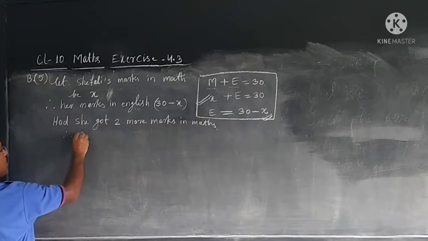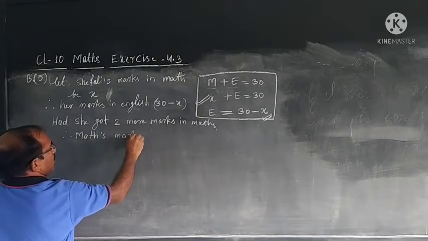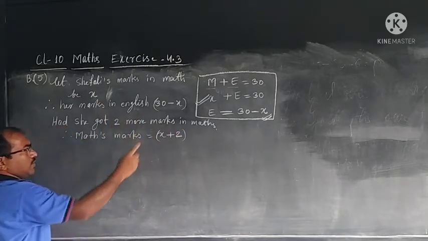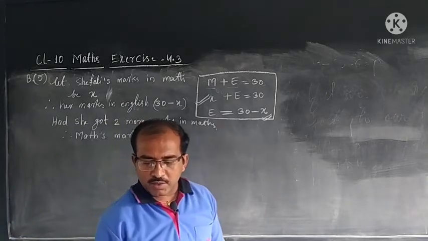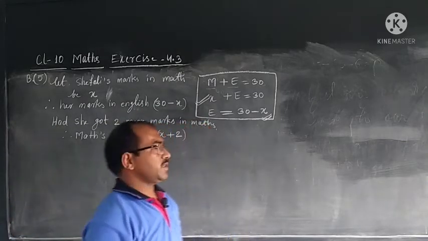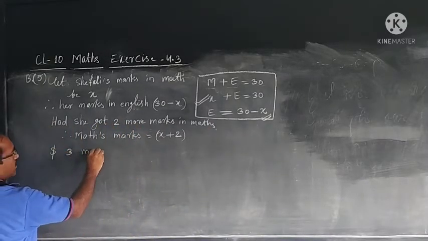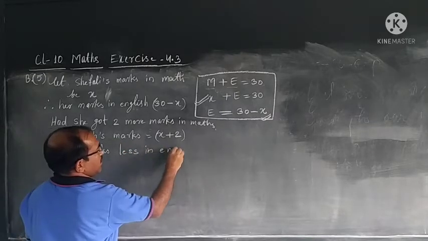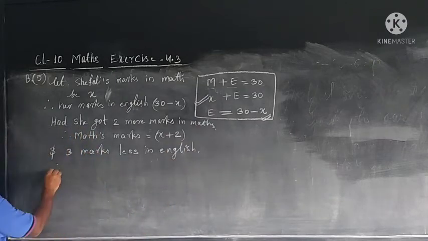Therefore, maths marks will be 2 more, meaning before suppose X, now it is X plus 2. And what about English marks? 3 marks less in English. Therefore, her English marks will be how much?